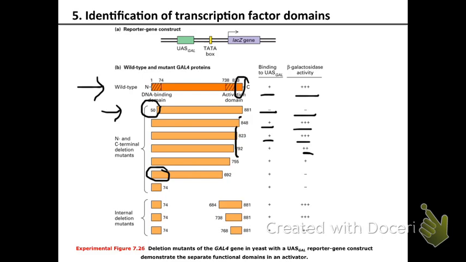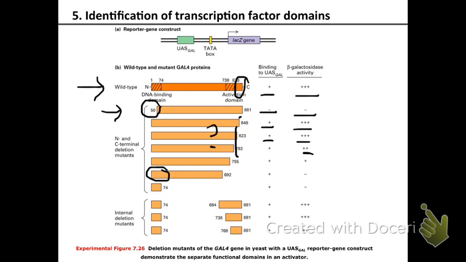but you can't say what the coordinate is on this side where the activation domain stops, right? And to do that experiment, you need to do deletions from the middle of the protein. So you're going to make a truncated protein, but you're going to delete in the middle.